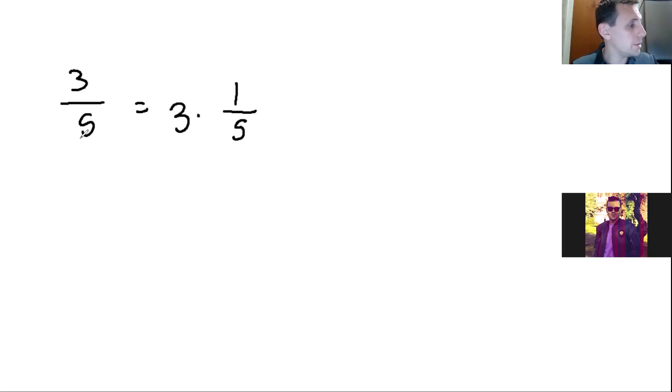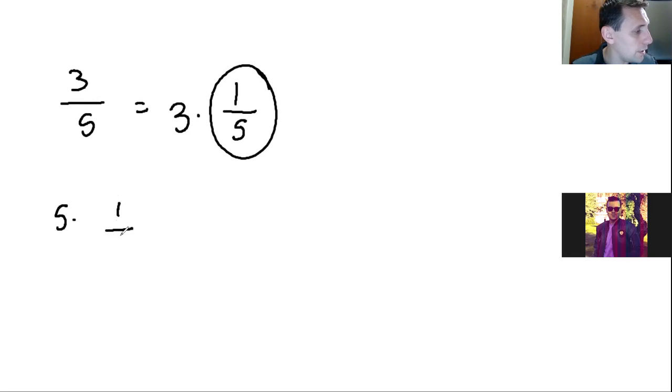So why can I divide by 5? Because 1 over 5 is a meaningful quantity, since 5 times 1 over 5 is 1. It is the number that, through multiplication by 5, will give you 1. It means multiply me by 5 and you will get 1.